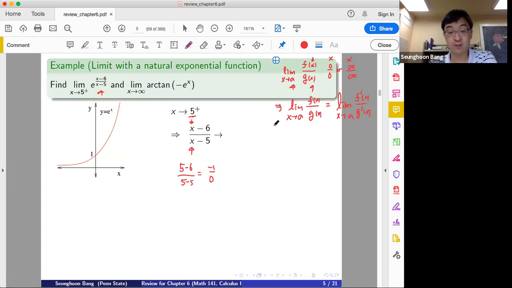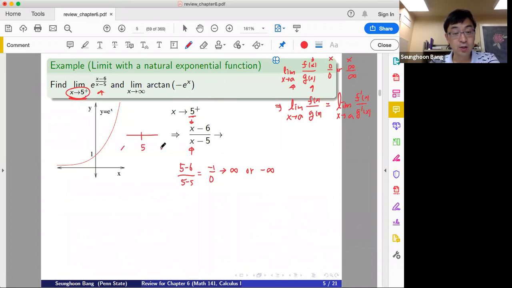Here, minus 1 over 0 is a non-zero over 0 form with a one-sided limit. We have two possible answers, positive infinity or negative infinity. How can you decide? You use the one-sided limit. Here, x approaches 5 from the right. So what happens? The next one.